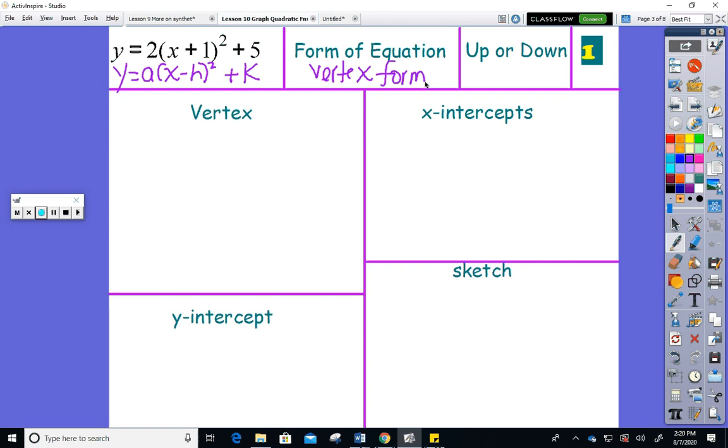I love this. Can you tell that since the a value is positive 2, the parabola opens up? I'm not going over as much description as I would have last year, because when we do the problems you ought to start remembering what you did last year.